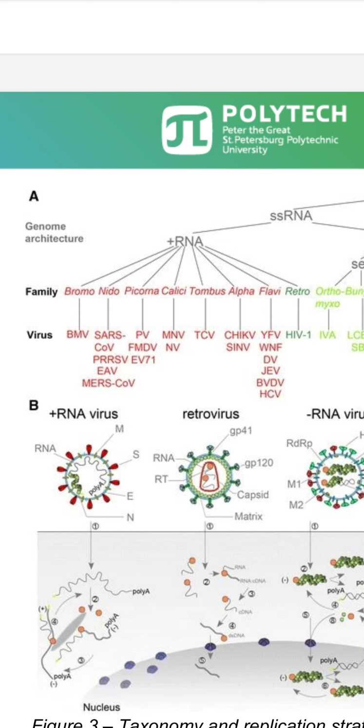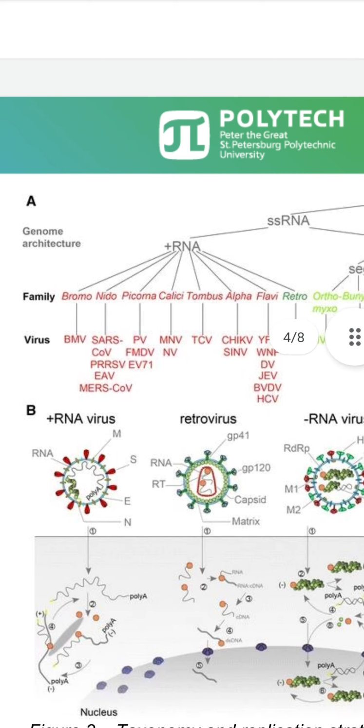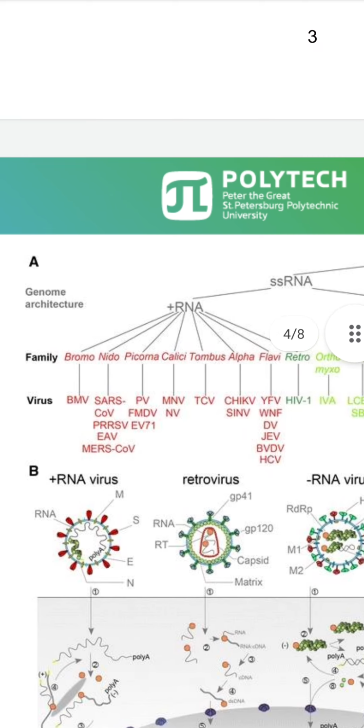Tombus virus family, for example, virus TCV. Alpha virus family, for example, CHIKV or SINV. Flavivirus family, YFV, WNV, DV, JEV, BVDV, and HCV.